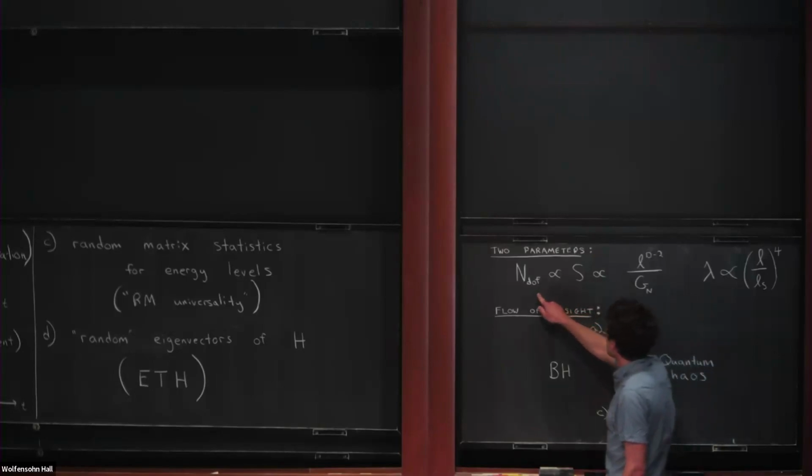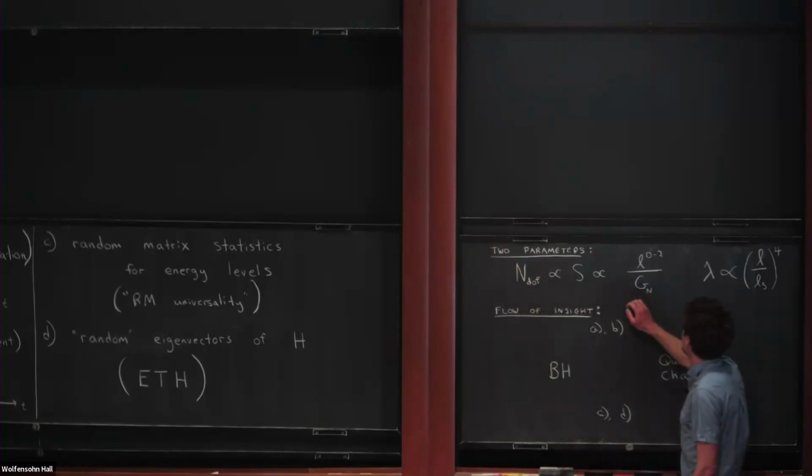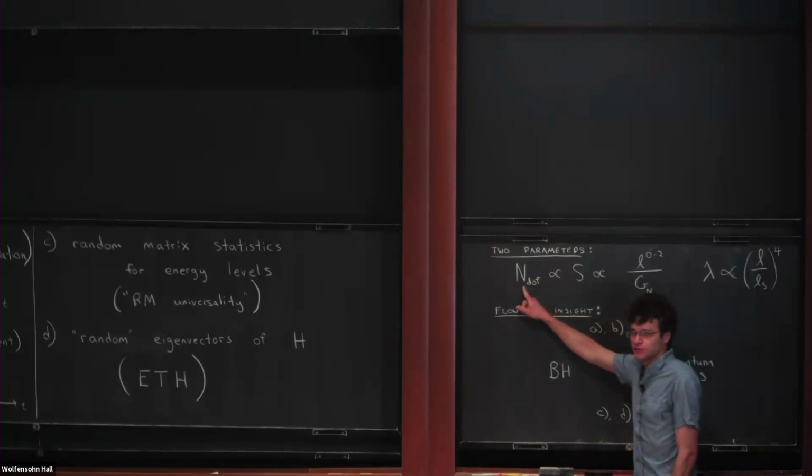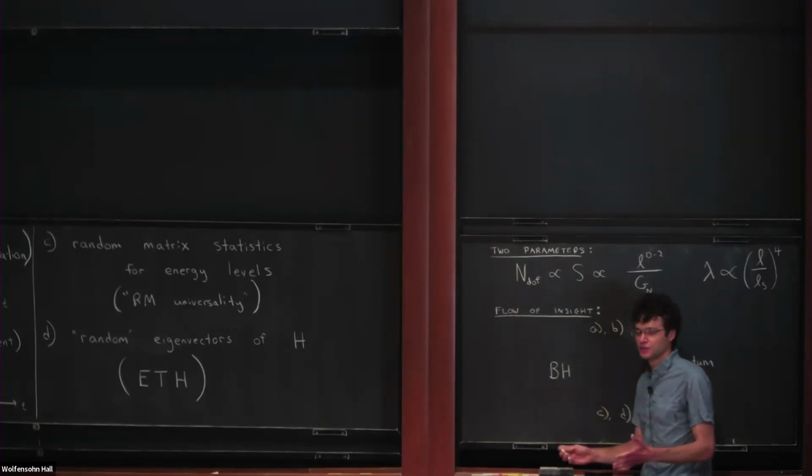So the number of degrees of freedom in the boundary theory, so that's supposed to be large to have a many-body quantum system, is proportional to 1 over the gravitational coupling in the bulk theory. So if the gravitational theory is weakly interacting, G Newton is small, that's where we can do calculations, then we have a very large number of degrees of freedom in the boundary theory. That is a common feature of these collective field descriptions. That's also true in the SYK model.